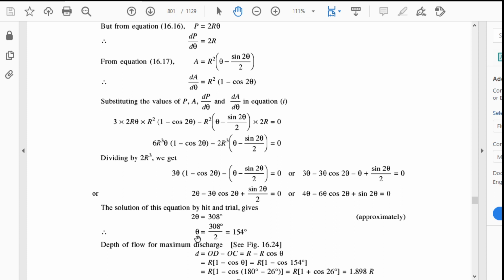And theta will be 154 degrees. Approximately 154 degrees will be your theta.